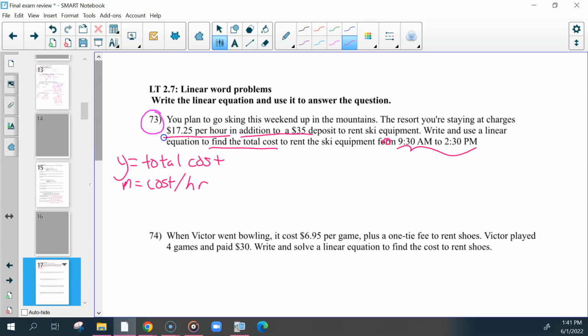So usually it's attached to your m, the hour. So it's going to be number of hours. And then your b value is usually something that stays by itself, in addition to a $35 deposit. So that would be your b.